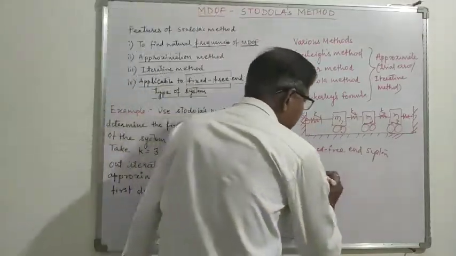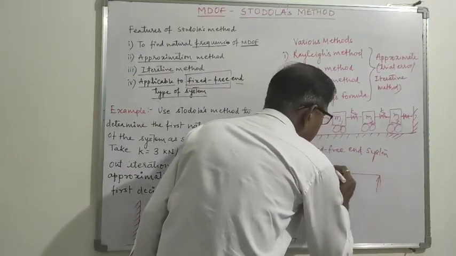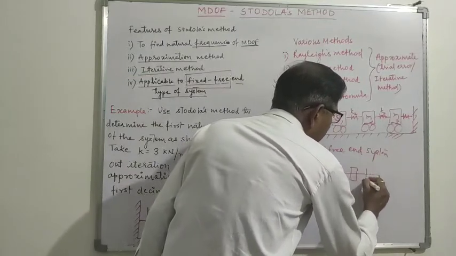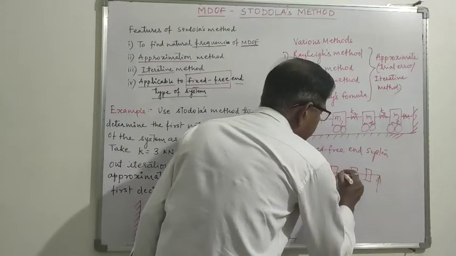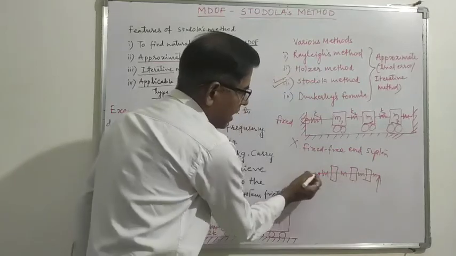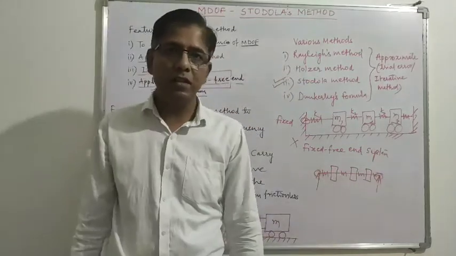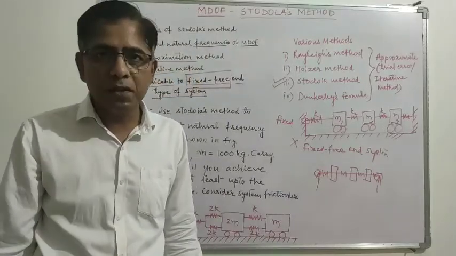Or in another case, there are 3 masses and the ends are simply supported. That means both the ends are free, they are pivoted, they are not fixed.